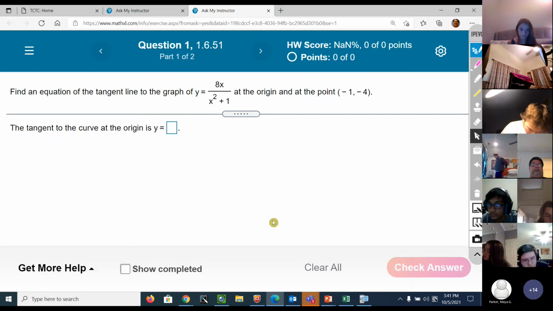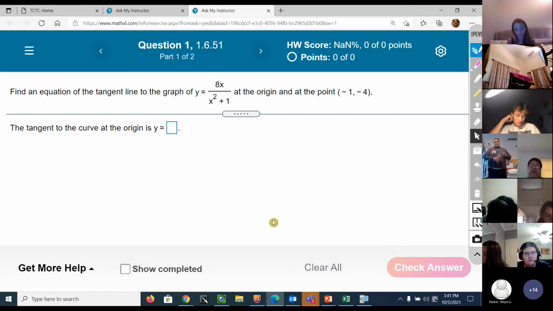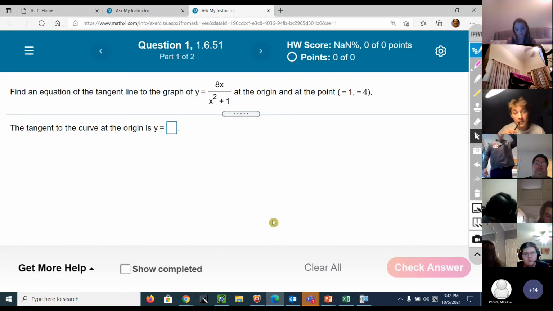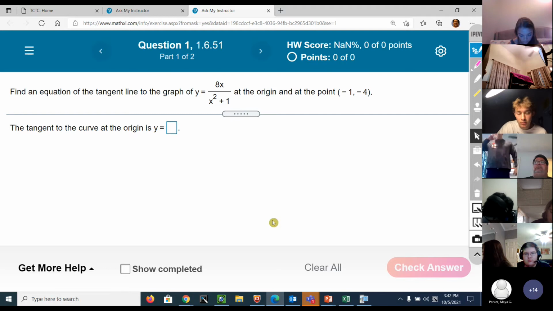Yeah, this is a good one. This is a test question. And you can use the chain rule now that you know it, if you need it. So it's a quotient. If you want to use the quotient rule, you can. Can you use the product rule? Yes or no? Now that we know the chain rule, yes, you can. I'm going to do the product rule.